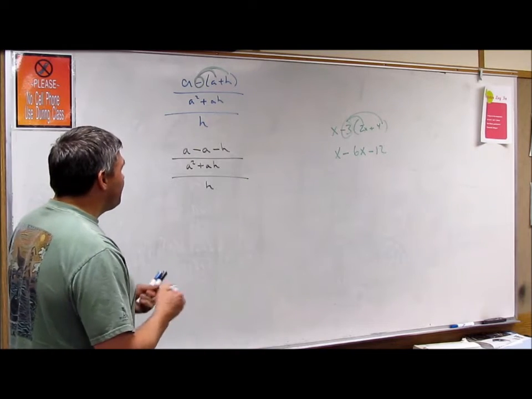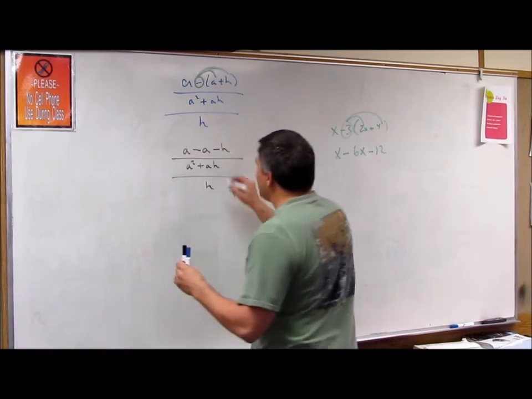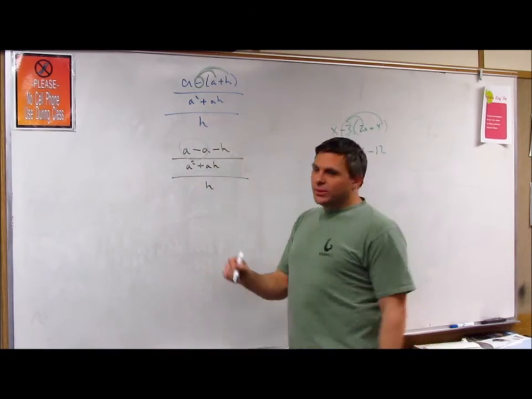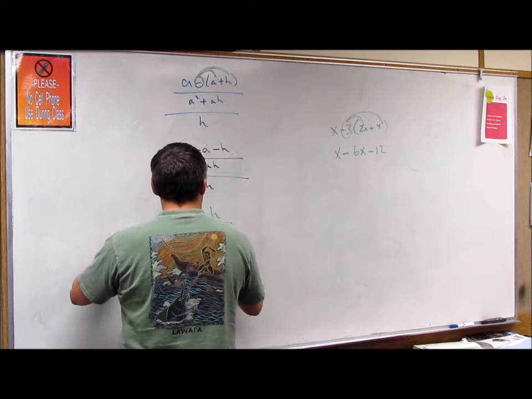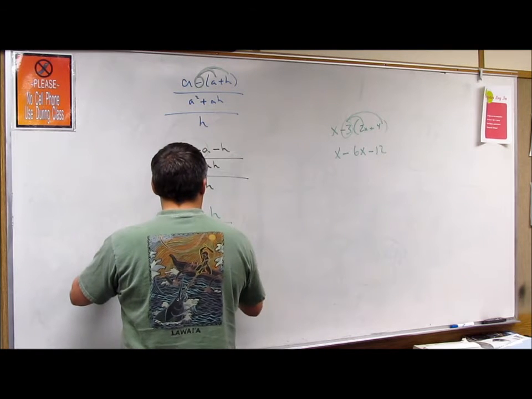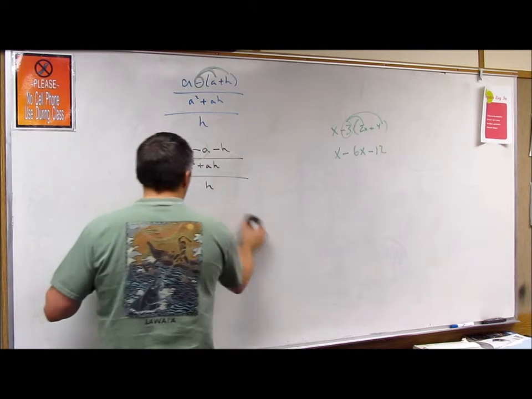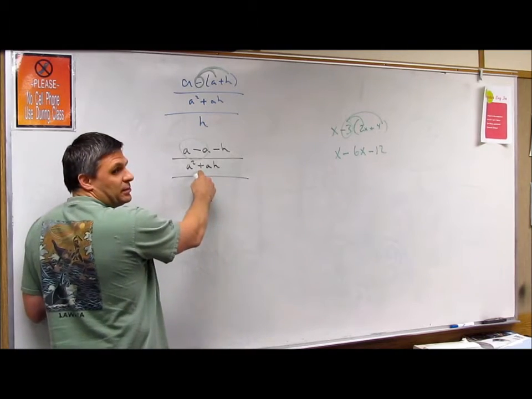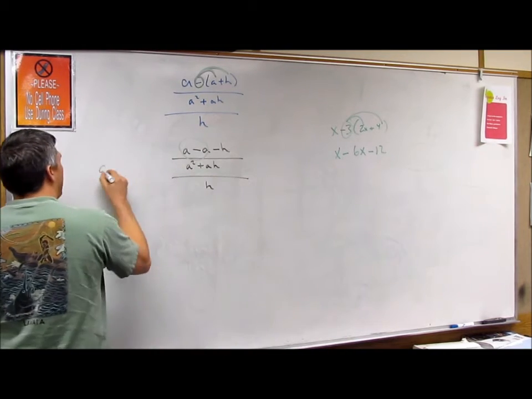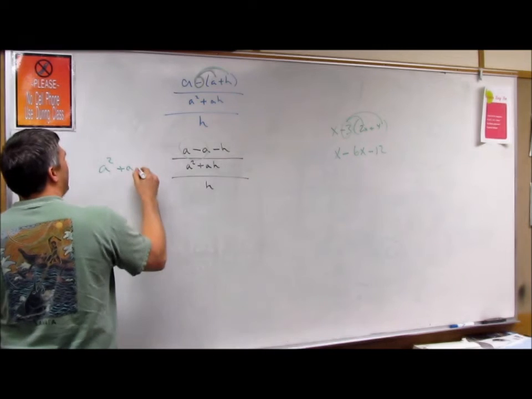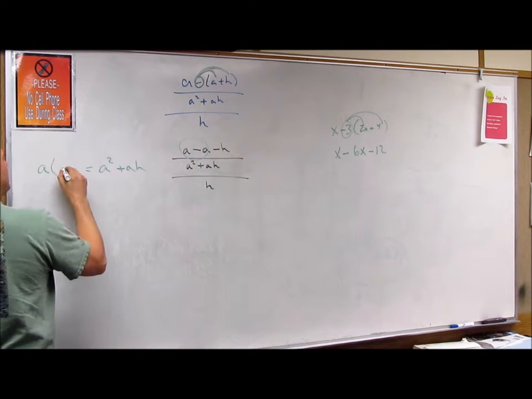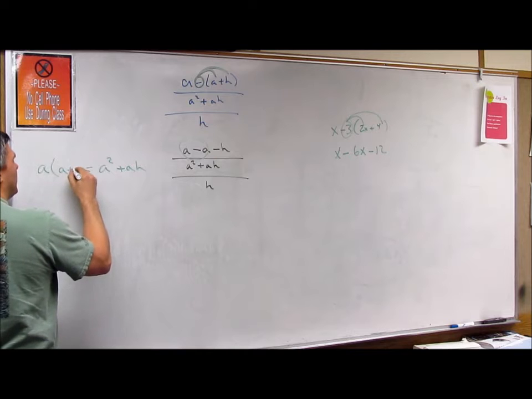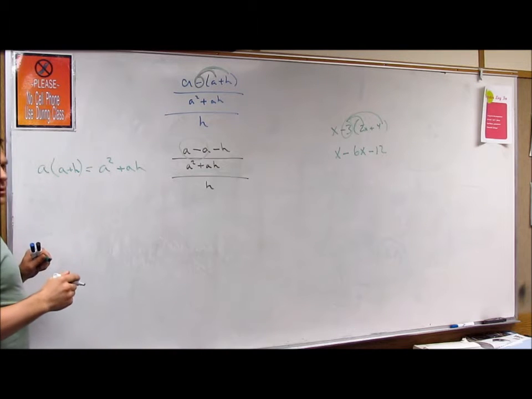So then I do this: a minus a, which is nothing. So I have minus h all over a squared plus ah. But before I write that, let's factor it. a squared plus ah would be the same as a times a plus h, right?